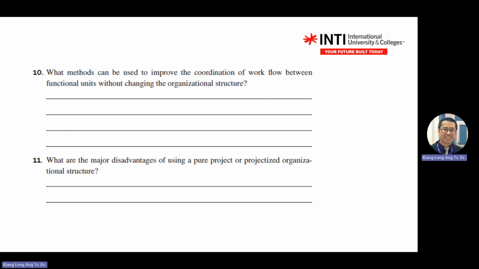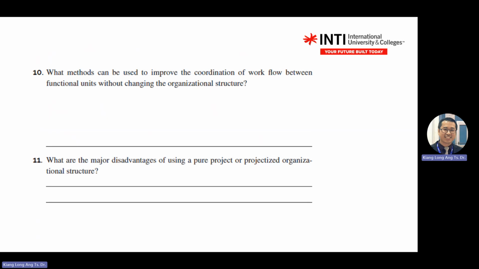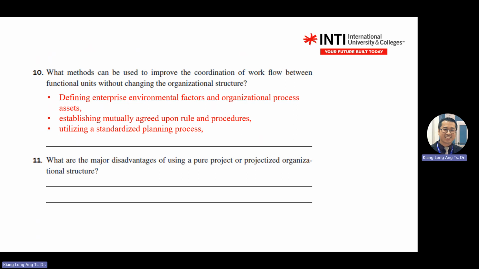Okay, number 10. What method can be used to improve the coordination? This question 10 is also about how you solve conflict between the functional group and the project manager. Methods that can be used are usually linked with communication. So these are the things referring to communication. You elaborate what you communicate, mutually agree on the rules and procedures, and you use a standard or policy in your planning process.